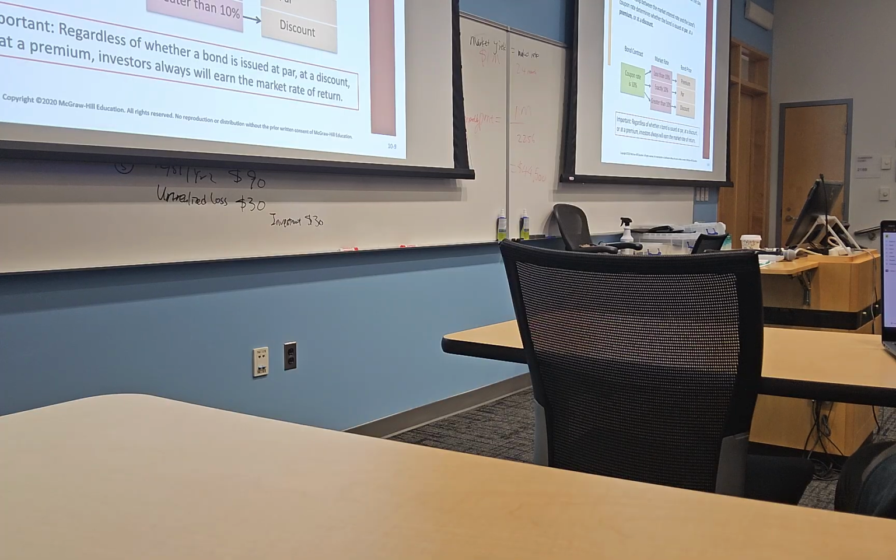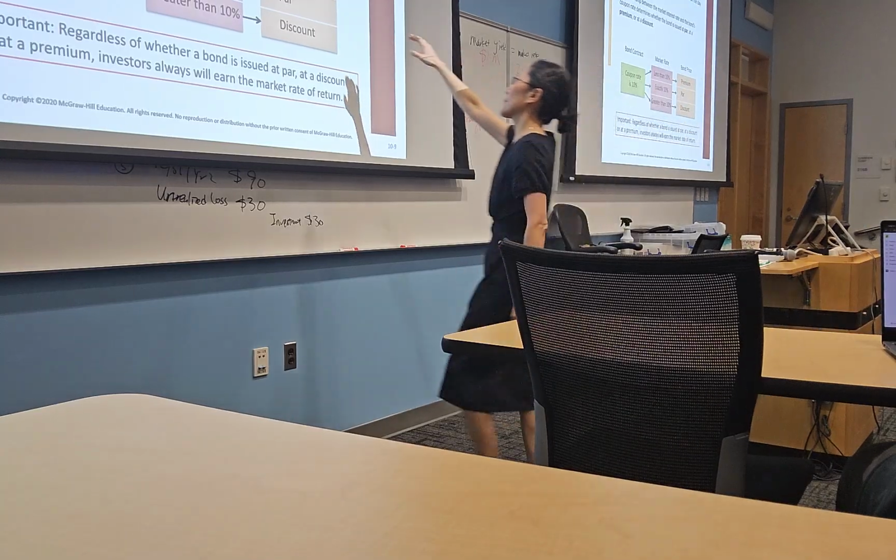Are you with me? So how can I make this transaction fair? You have to pay me more right now. So you pay me more right now, and I'm paying you more in the future. Are you following? Therefore, the bond is issued at a premium.